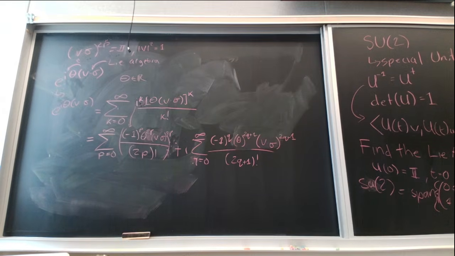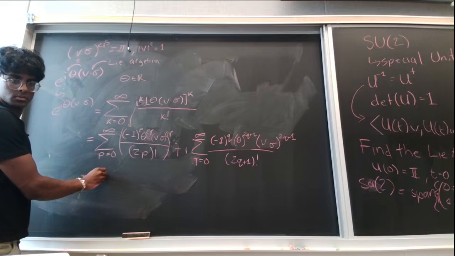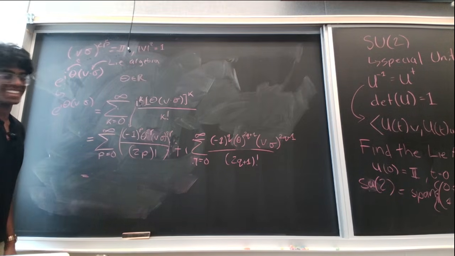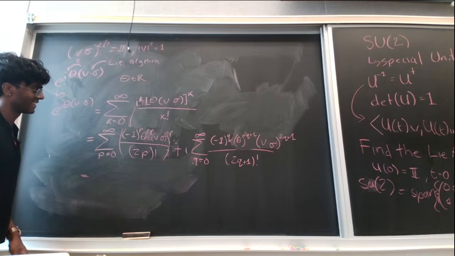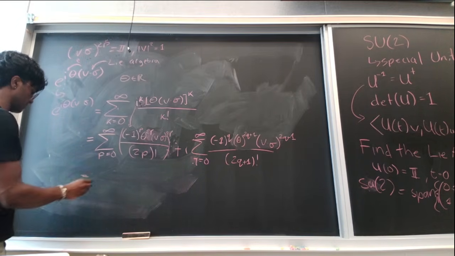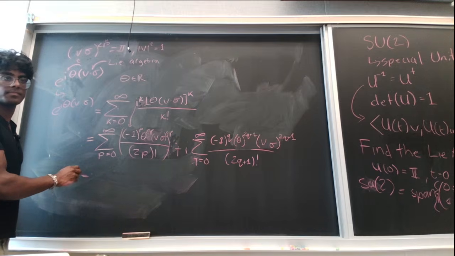Suggestions? You went all the way to the end. Yes, so you have v dot sigma to the power of 2p. What will that be if you take v dot sigma and multiply it with itself 2p times?